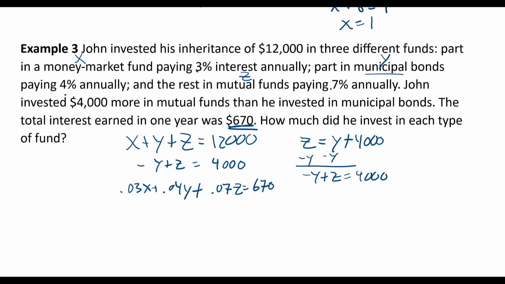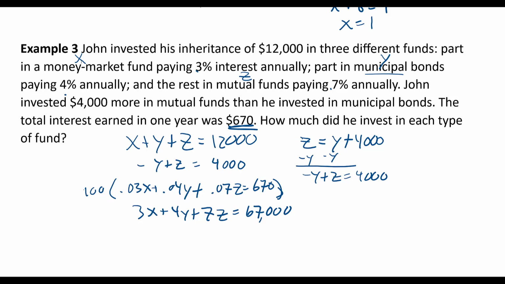But it's really hard dealing with decimals like that. So if I multiply everything by 100, it'll give me 3x plus 4y plus 7z equals 67,000. Okay.